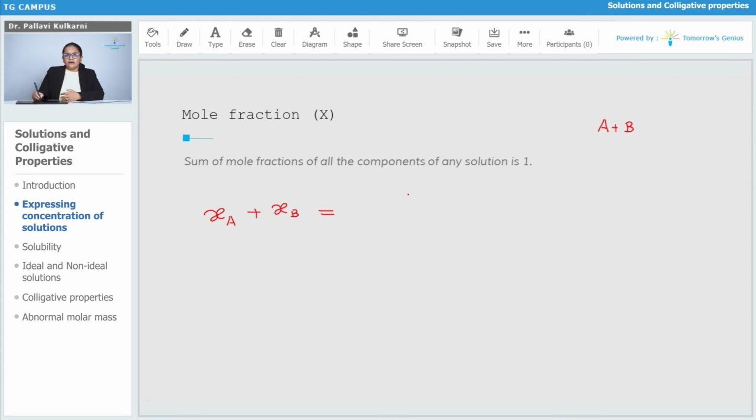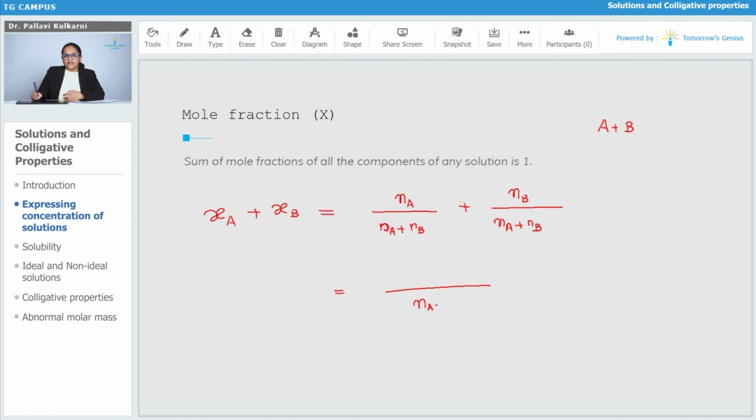Let us see. What is XA? We have seen in the previous page. It is the number of moles of A divided by the number of moles of A plus the number of moles of B, the total moles, plus XB, which is the number of moles of B divided by the number of moles of A plus the number of moles of B, the total moles. As you can see, the denominator is common.